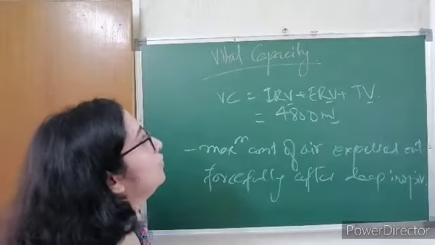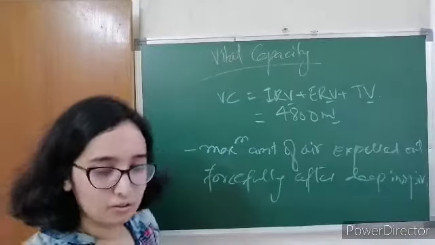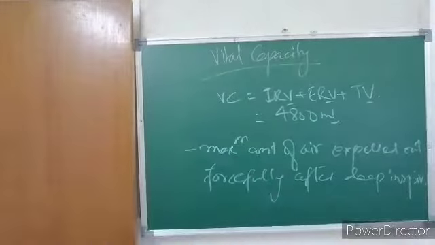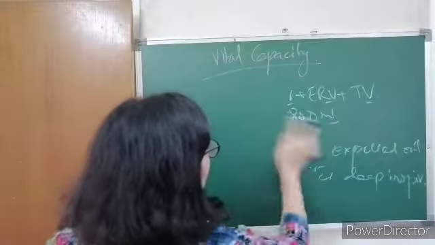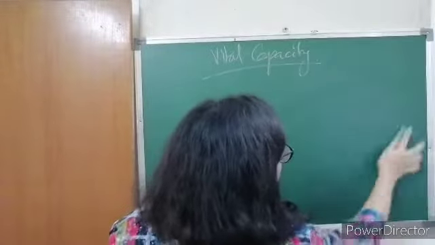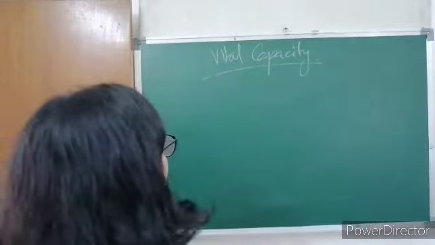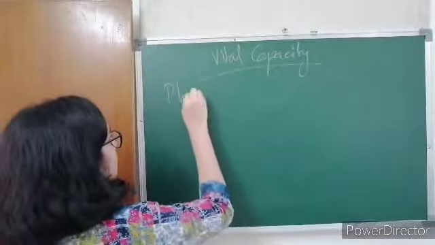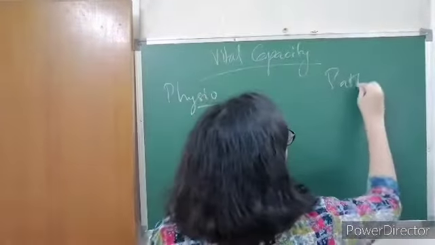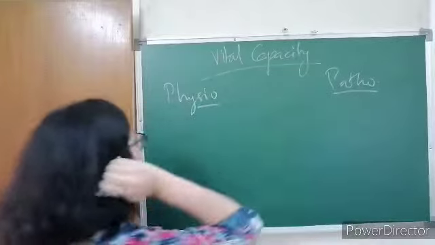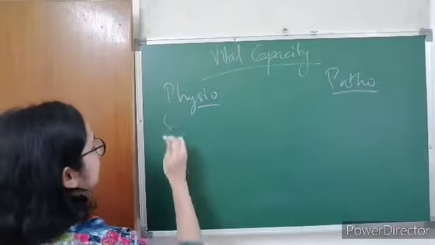Now we will see what are the physiological and pathological variations in vital capacity. So first one, physiological variation. Next, pathological. First, physiological.